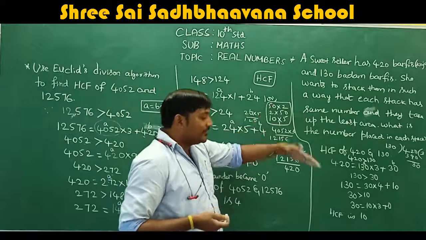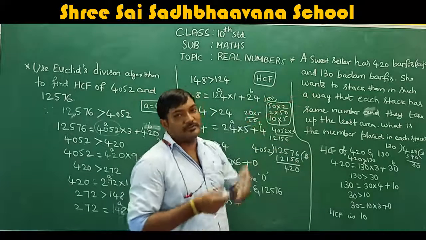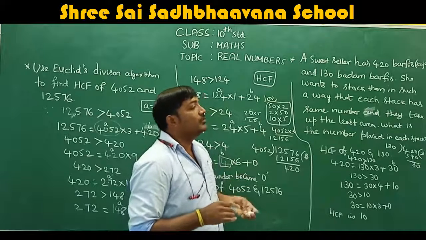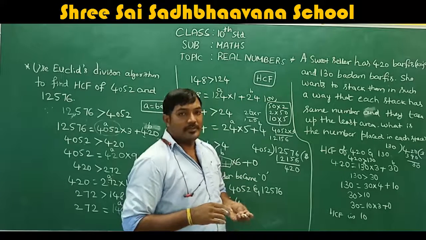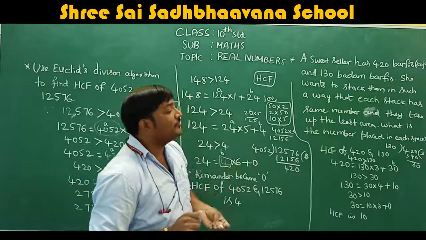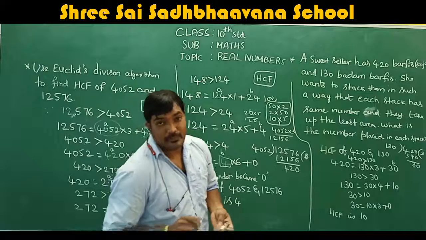So he can use 10 stacks to place both the burpees. It means why 10? Because 10 is the common factor for both. Correct.